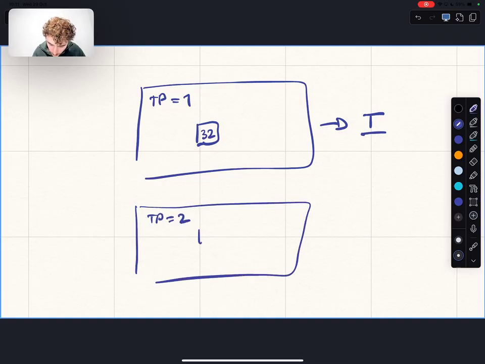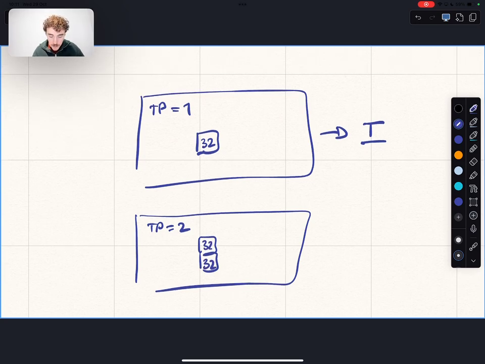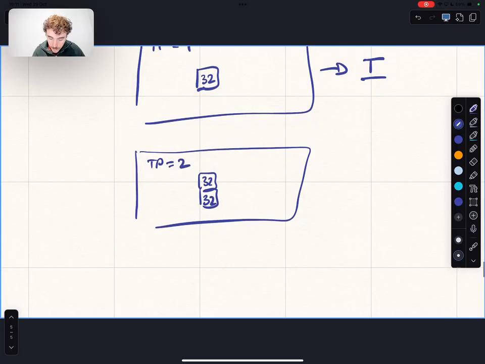Now I'll be able to run with a batch of 64. I've doubled my memory, and I'm running with a batch of 64, but the time that it takes to produce this set of 64 tokens is actually half of what it was before.